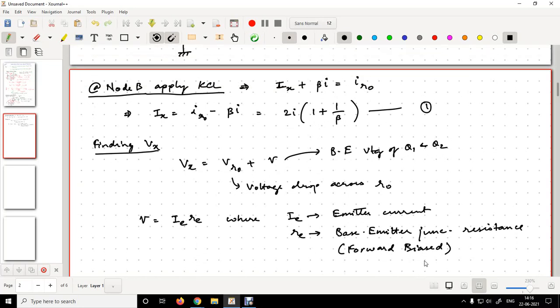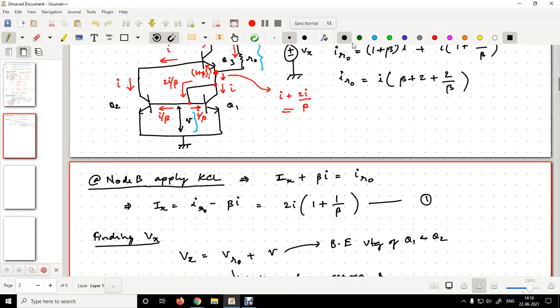Now I know what IE is, which is this current. IE here is simply 1 plus 1 by beta into I: the collector current IC, which is I, plus the base current, which is I by beta. The summation of them gives the emitter current.